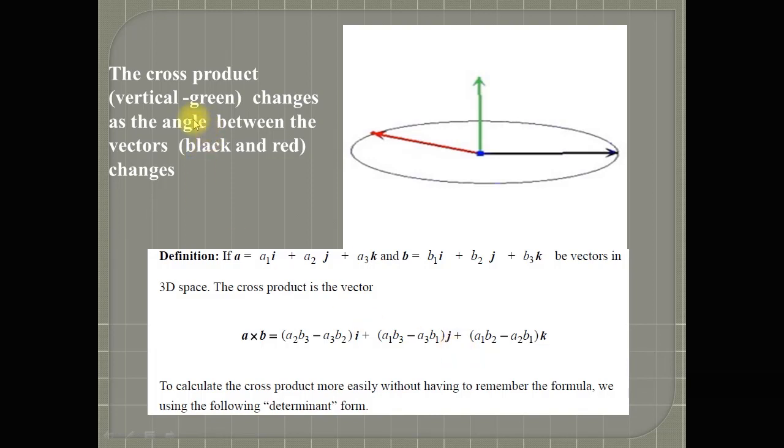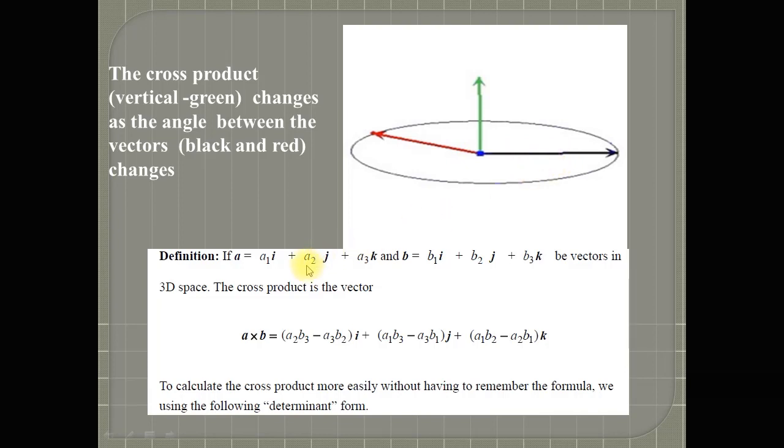Now the cross product changes with the angle between these two vectors, which are presented by red color and black color. The cross product changes with the angle between the red vector and the black vector.